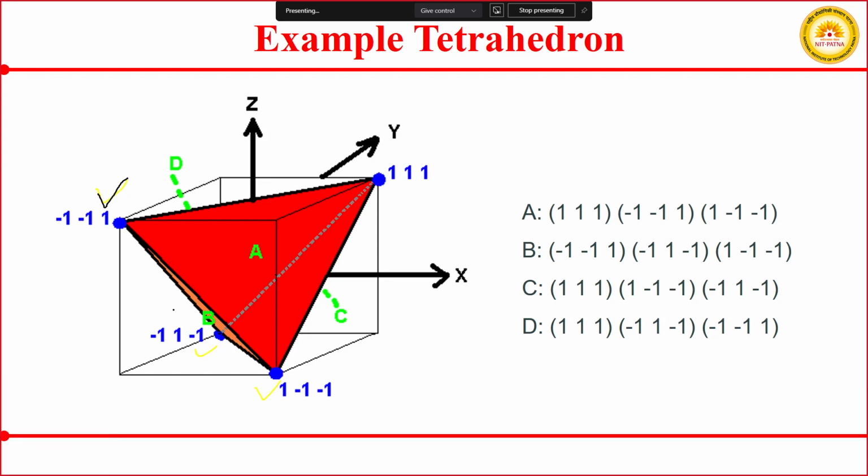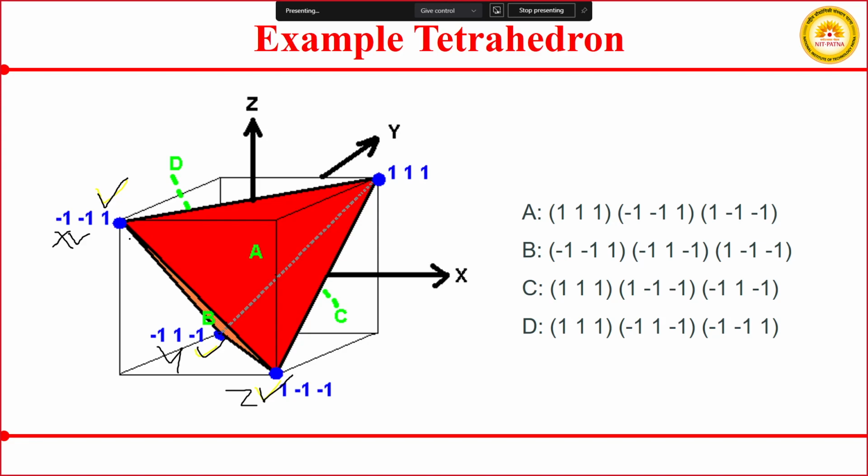So this is corresponding to these three vertices, surface B, right? Let us say x, y, and z. So surface B is corresponding to these three vertices.